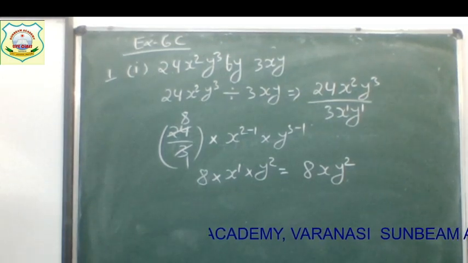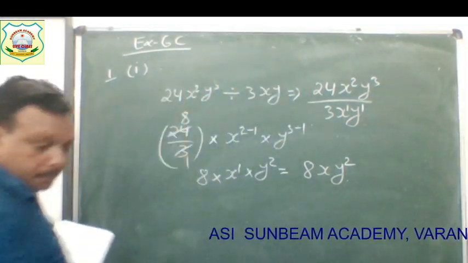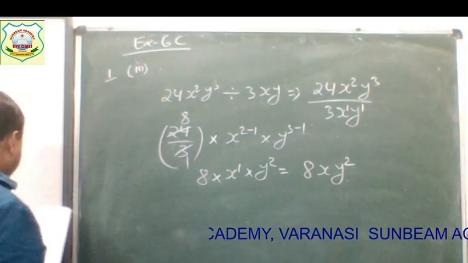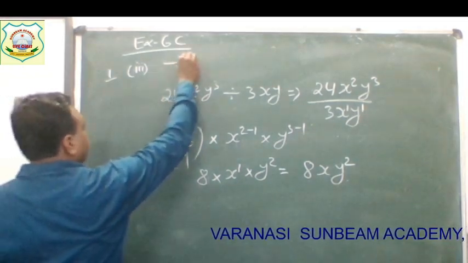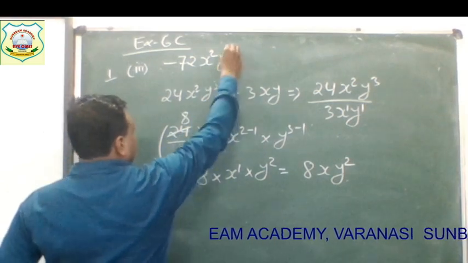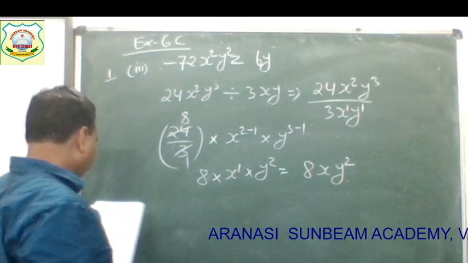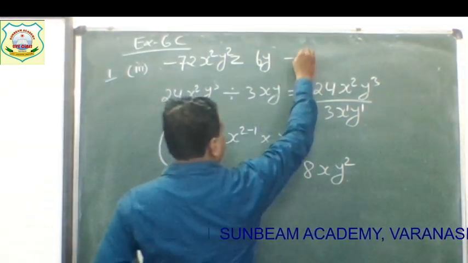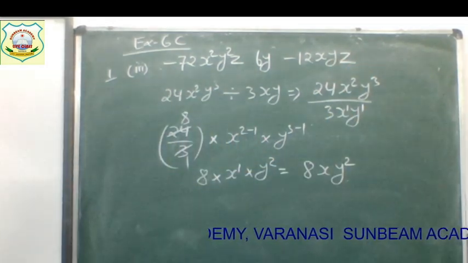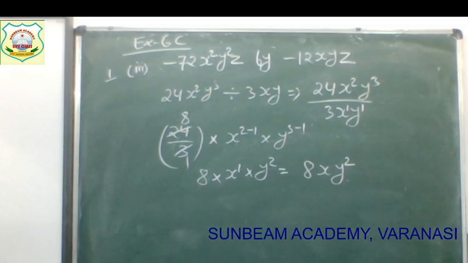Now it's the third part. Minus 72x square y square z divided by minus 12xyz.